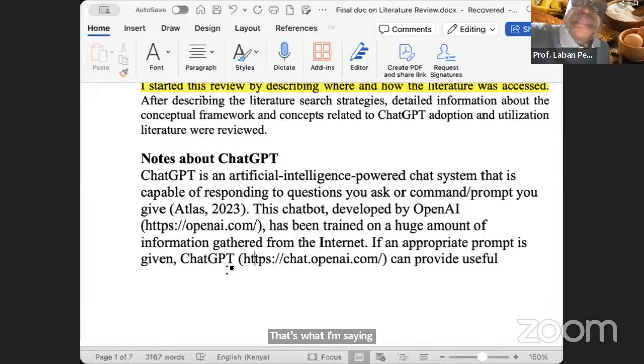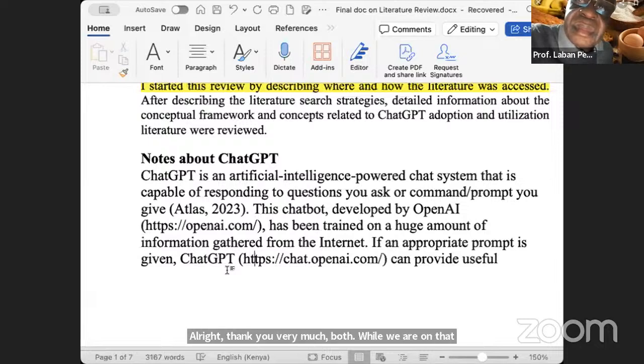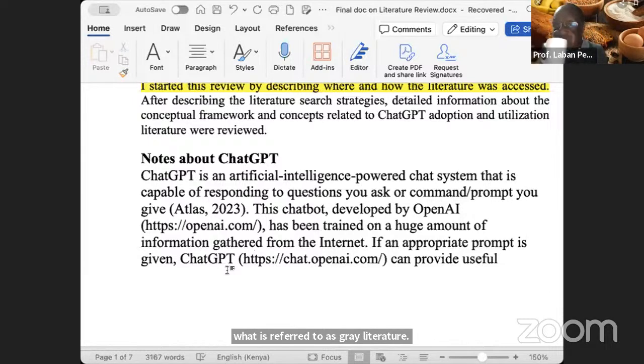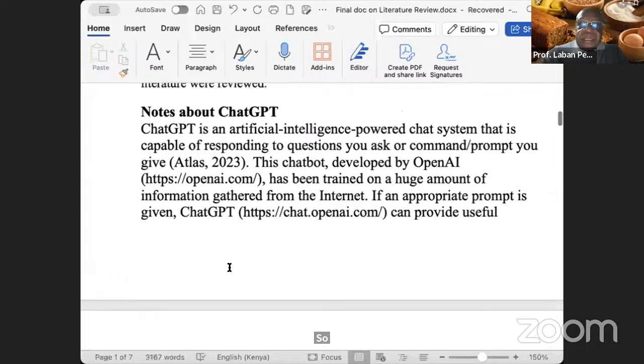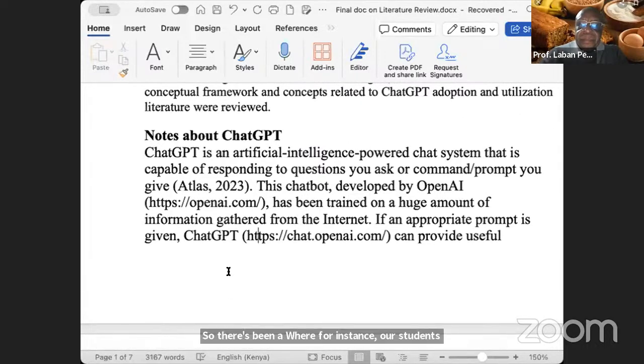Dr. Wanyonyi: All right, thank you very much, Prof. While we're on that section of the overview, I'd be keen to know your views on what is referred to as grey literature. And I really like the points that you're putting forward about noting in the overview how that literature or where it was accessed. So there's been an issue where, for instance, our students consult grey literature.